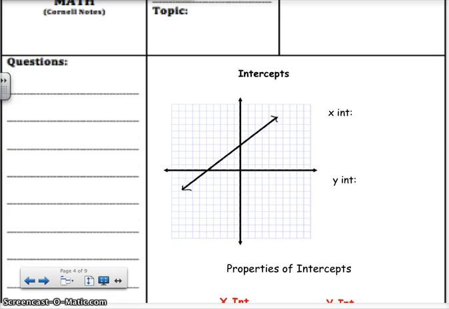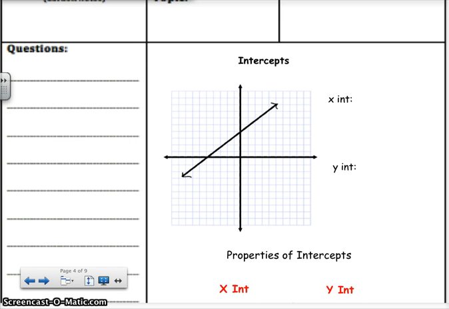let's look at intercepts. What you need to be a master at for the intercept concept is know where the axes are. You have to know that the x-axis is the horizontal and the y-axis is the vertical. You have to know that in order to apply the intercepts.